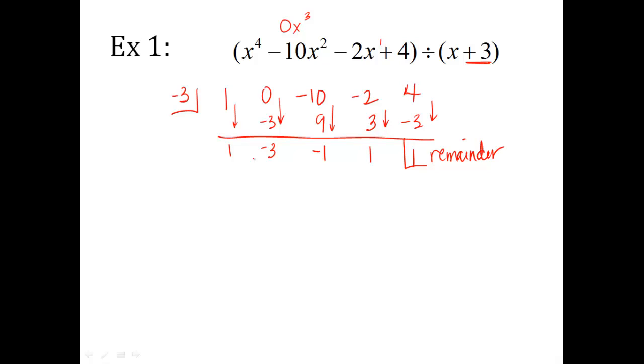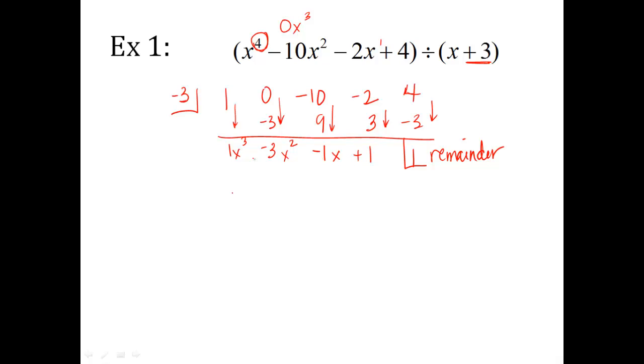Okay? So in order to write your answer accurately, it needs to be written in polynomial form. So you look back at the original equation. Look at the highest power of x here. That's a 4. So my answer is going to be 1 power less. So this is going to be x cubed. This will be x squared. This will be x. And then this is a constant. So if it's positive, that's a plus. So my answer, the remainder, just like before, is going to go over the divisor.